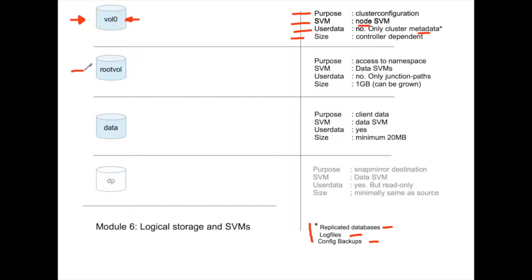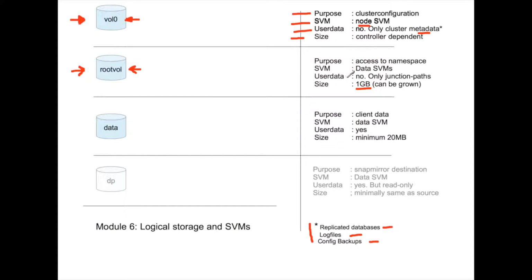Then we have something which is called root vol. It's very often confused with vol 0, but you should definitely make a distinction between these two, because the root volume is the starting point of the storage virtual machine where it concerns the data. So your root volume, every SVM has a root volume, which is a very small volume of 1 gigabyte to start with, and it doesn't contain any data either.